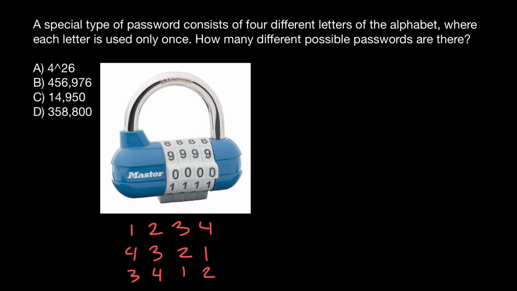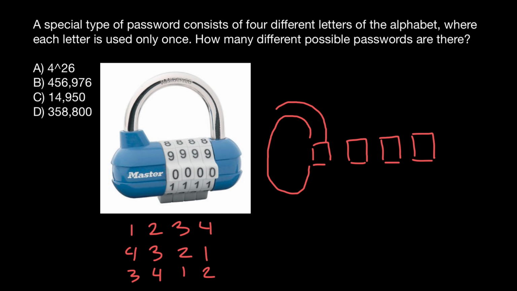This picture is going to help us. So we have a lock, with the 1st position, 2nd position, 3rd position, and 4th position. We also have rotational cylinders here for each position, where in our case we have different letters.